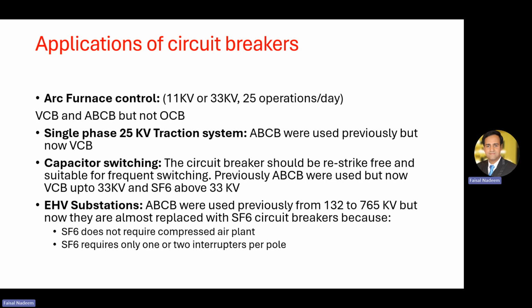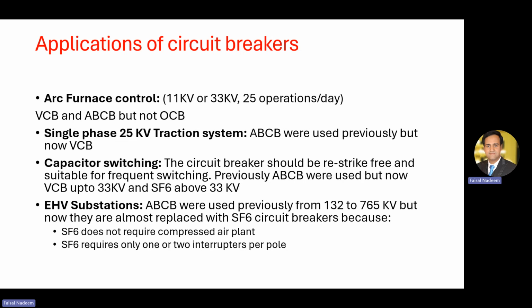Oil circuit breakers are usually not used in furnace controls because we have to switch on and off again and again. For each switching of an oil circuit breaker, the oil decomposes and produces carbon.